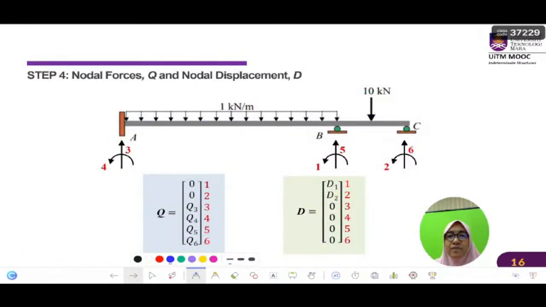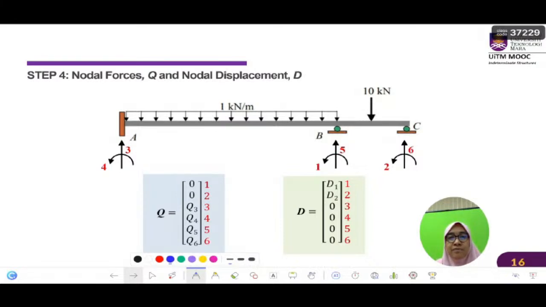After that, we have to establish the nodal displacement and nodal forces. For nodal forces Q, we write a matrix from position 1 to 6, Q1 until Q6, and we do the same for the unknown nodal displacement, D1 until D6. However, at this stage we have to consider the values given in the question.